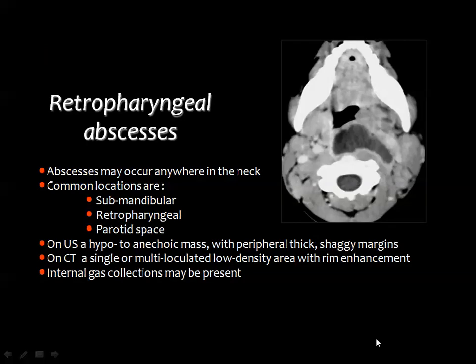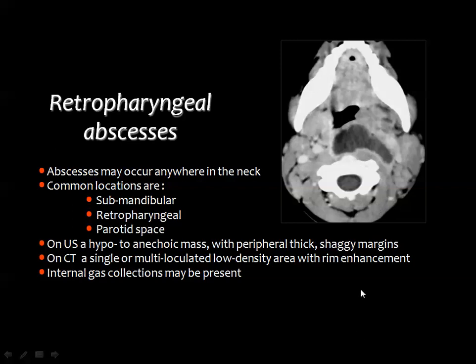The retropharyngeal abscess is usually located posterior to the pharynx, but may extend, as I have mentioned, up and down.